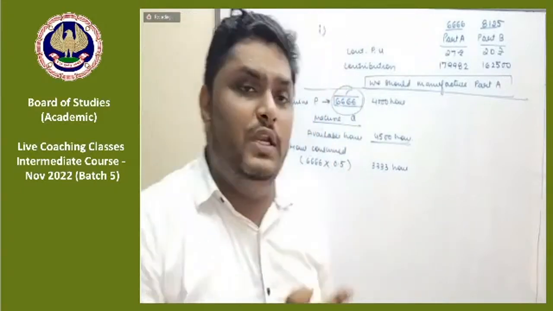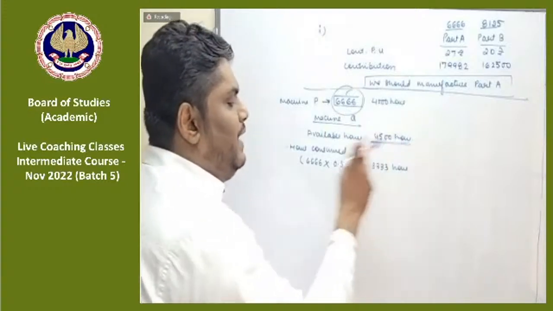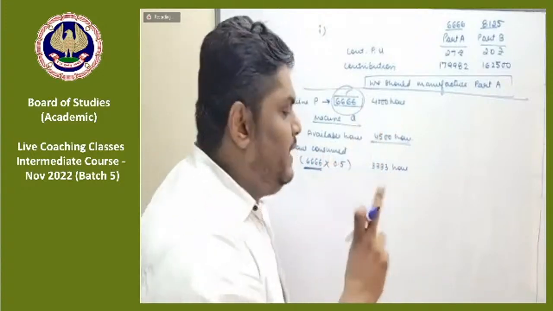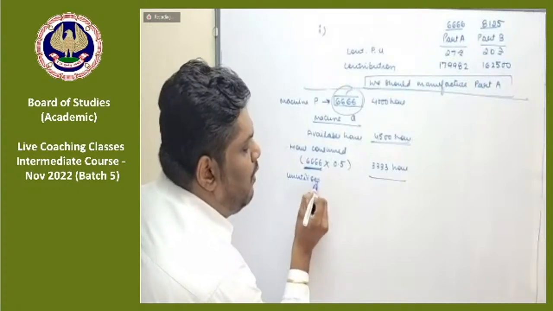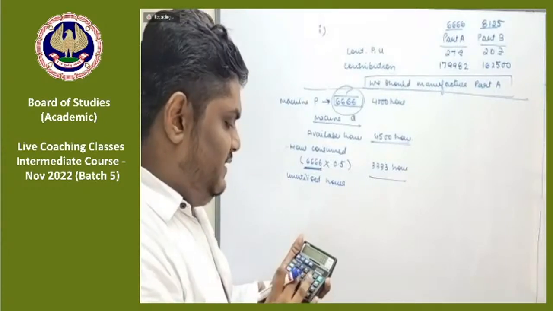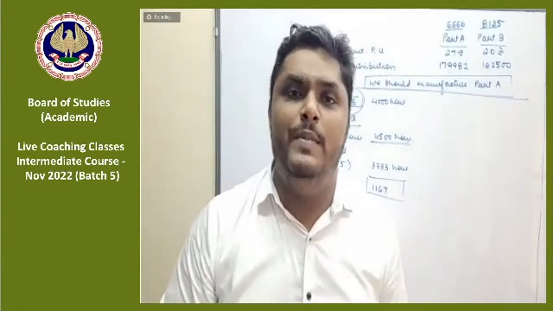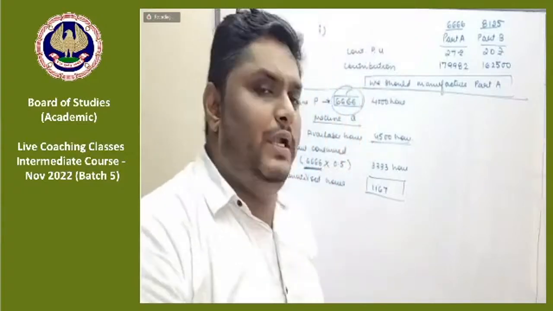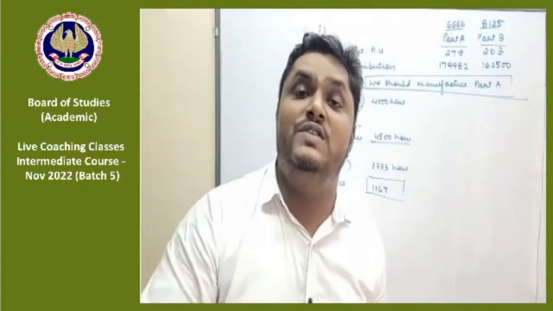But for machine Q, we have some spare capacity: 4,500 minus 3,333, that is 1,167 unutilized hours. And the company is promising that if we reduce the selling price by 10%, they will pay rupees 60 for these 1,167 hours which were not utilized.